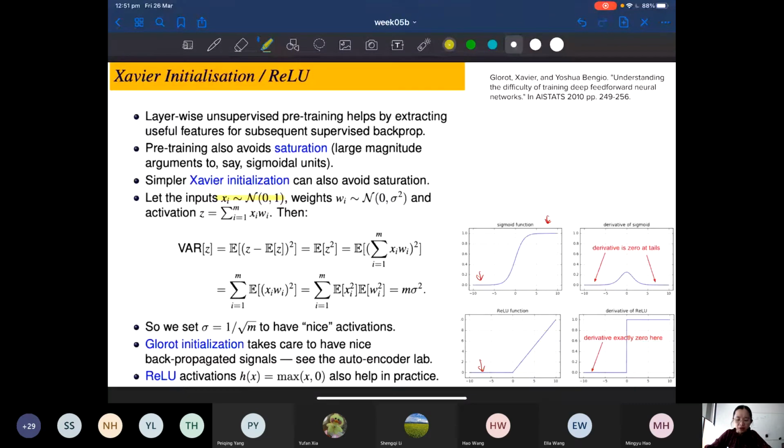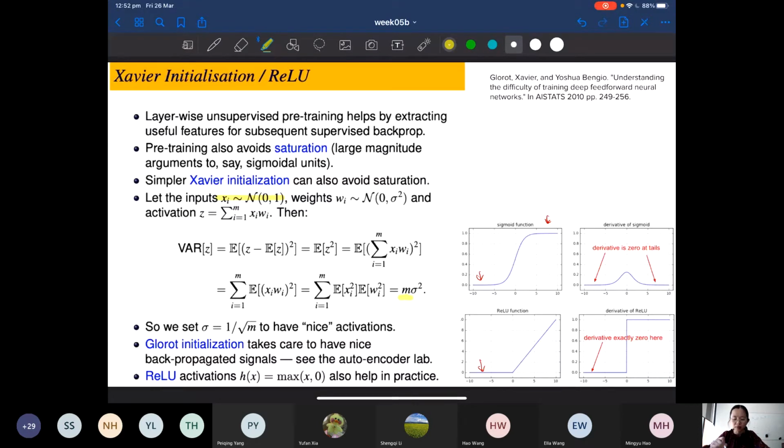So if we compute the variance of Z, as a combination of X and W, we can see that because X and W are independent, and they're both zero mean, the variance is essentially the expectation of the product. And because they're independent, we can pull them apart. It's basically M, which is the dimensionality of the input, times sigma squared.